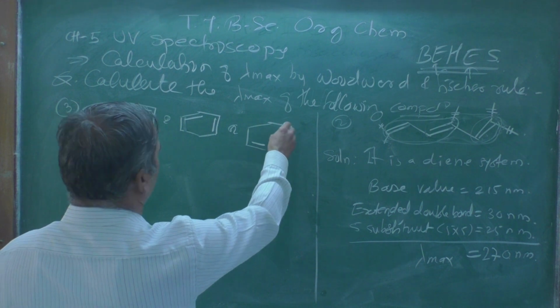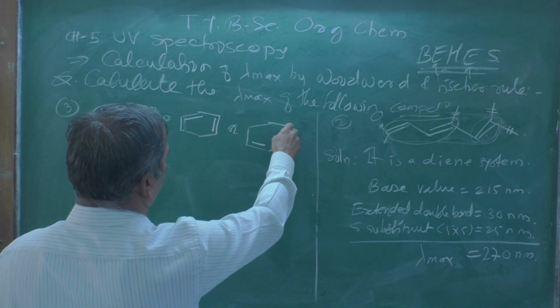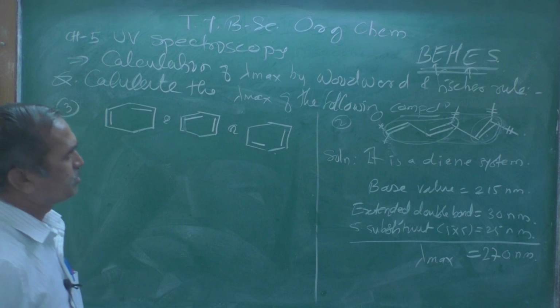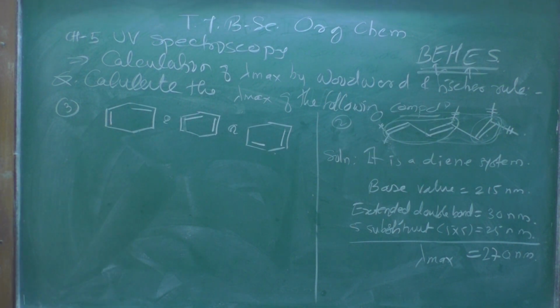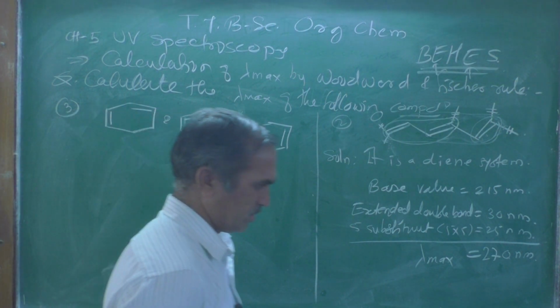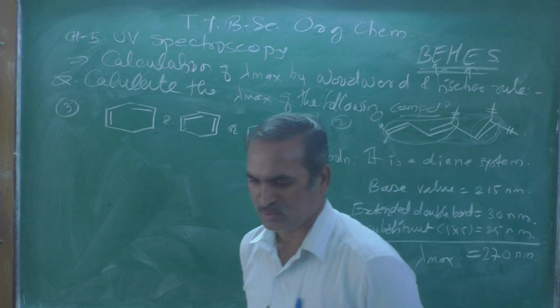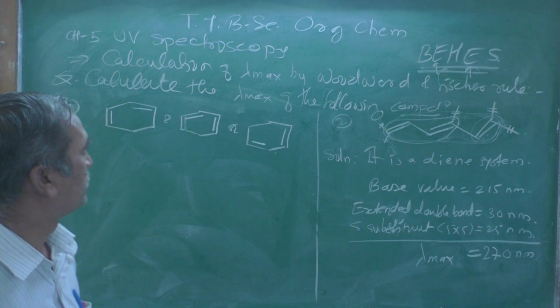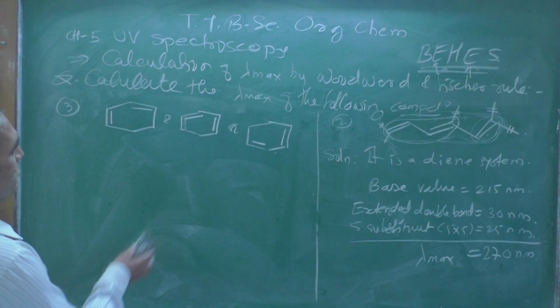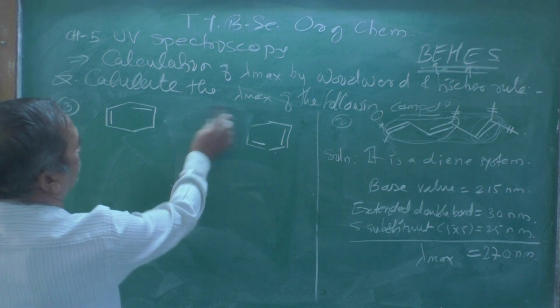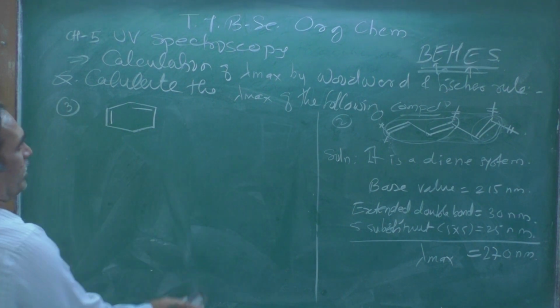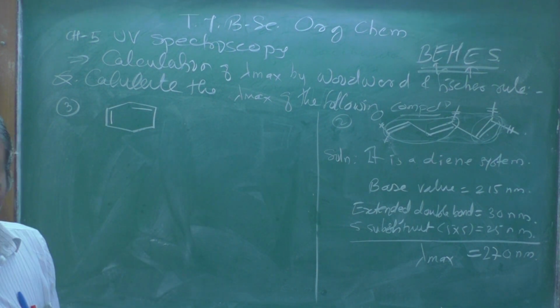Double bond is here, one more double bond is here. So these are the 2 various ways of representing the same structure, but you have to consider only one. So let's see how to calculate the lambda max of the following compound.